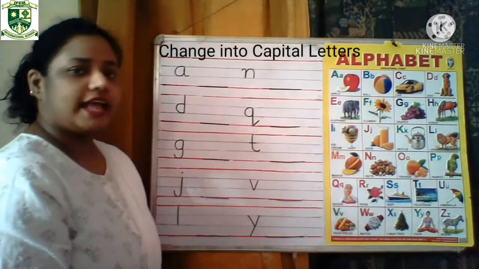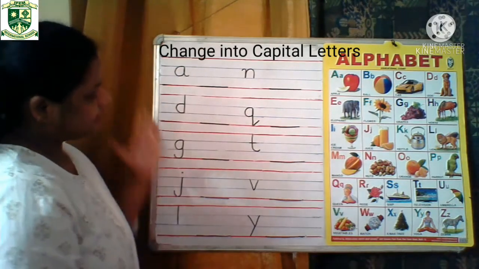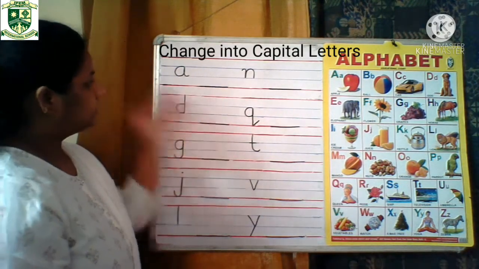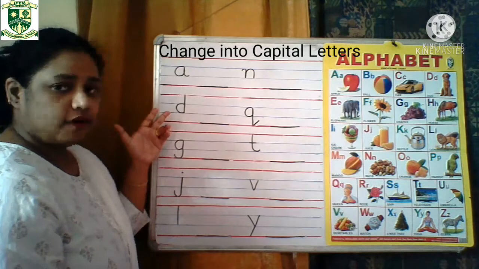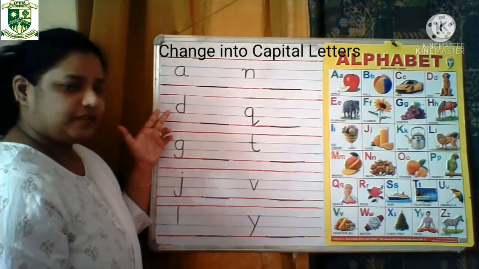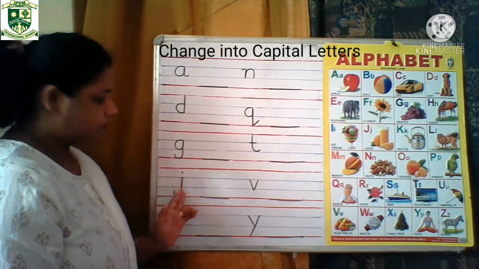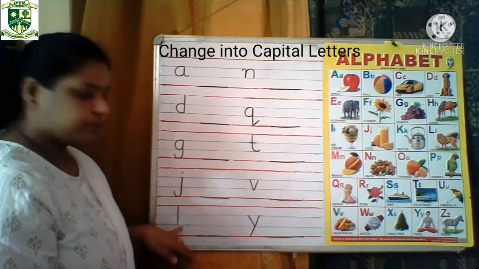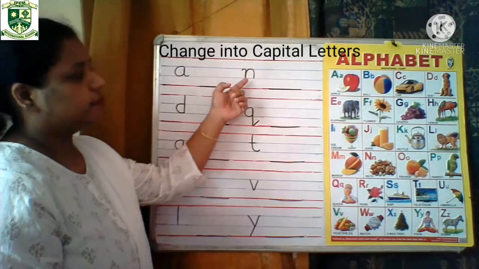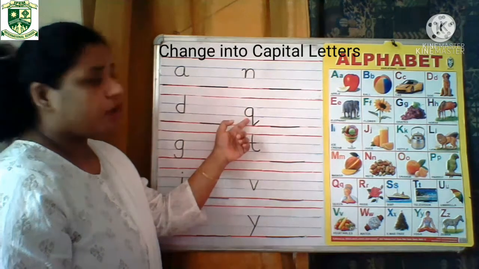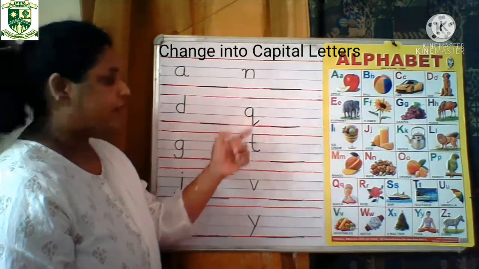Okay, now children, as you can see, I have written some small letters over here. Small a, small d, very good. Small g, small j, small l, small n, small q, very good.